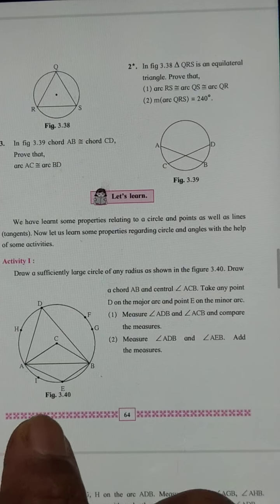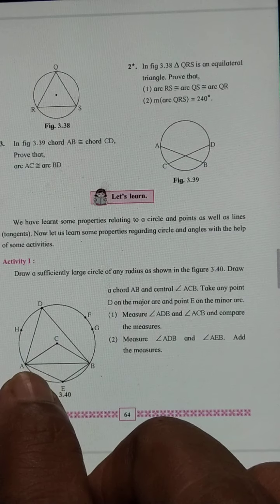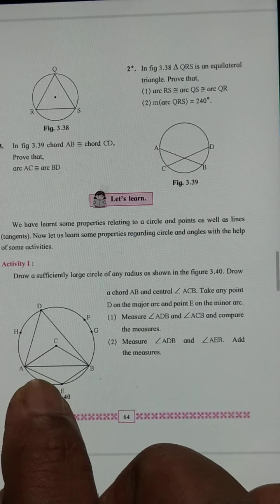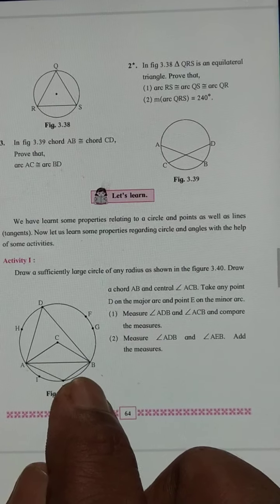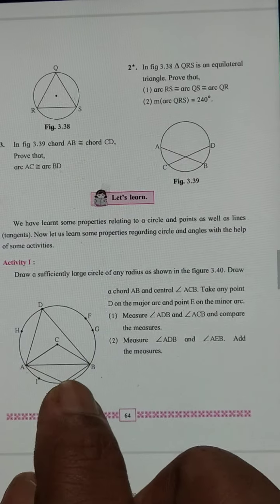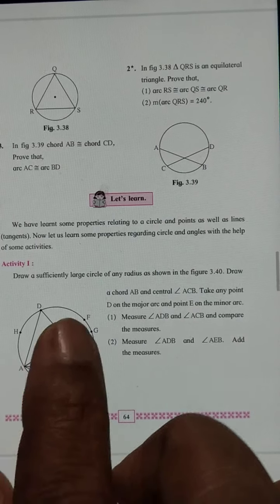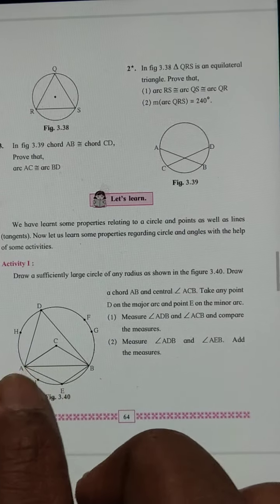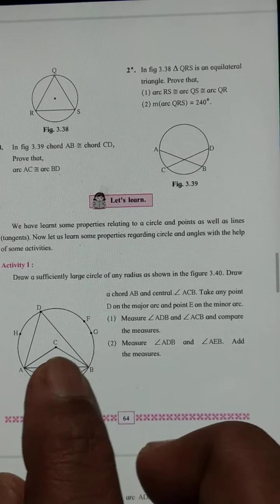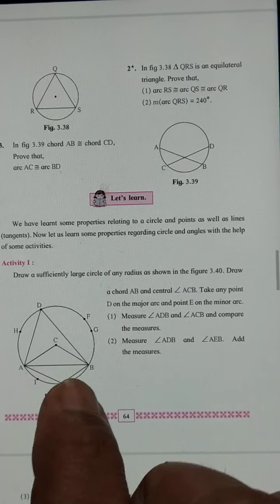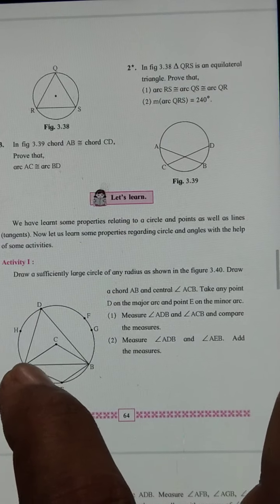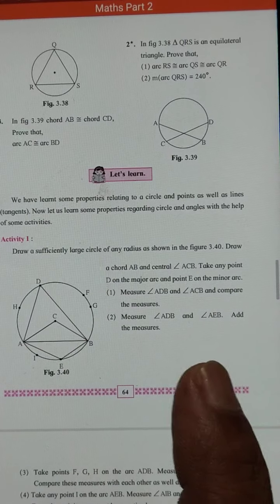Here also you will find angle AHB, congruent angle ADB, congruent angle AFB, and congruent angle AGB. All these angles are congruent to each other. Why? Because they are on the same arc. They are on the same major arc or minor arc.